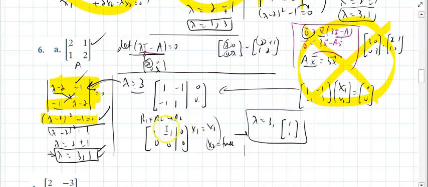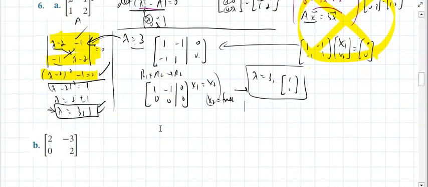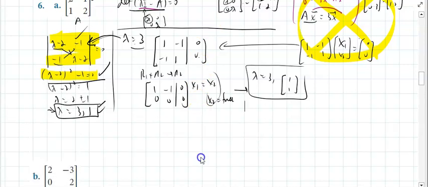And lambda equal 1, the other eigenvalue. Instead of doing all of this again, just plug it in and solve: negative 1, negative 1, negative 1, negative 1, 0, 0.